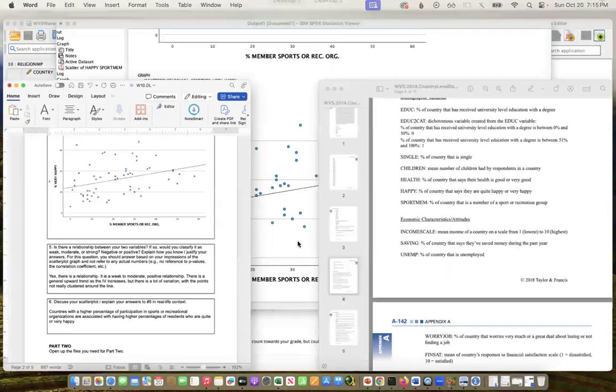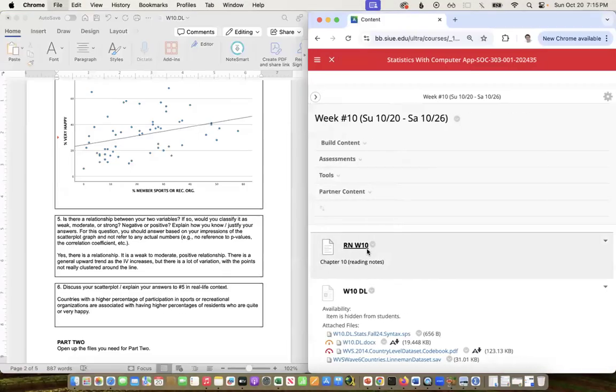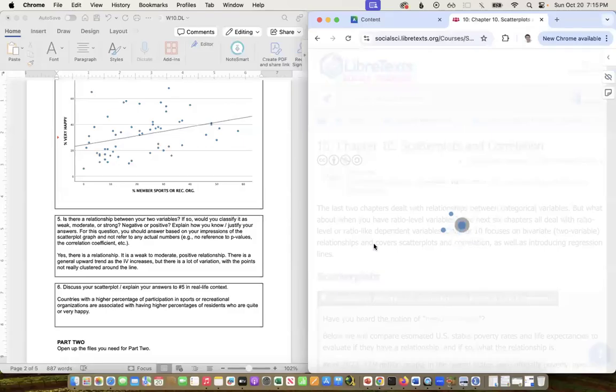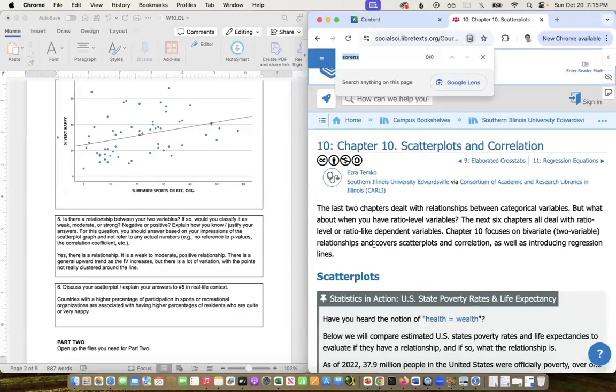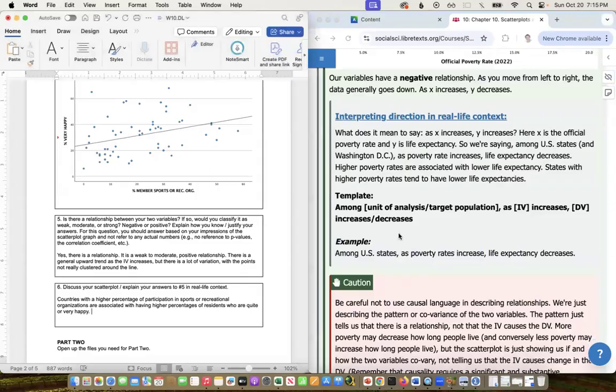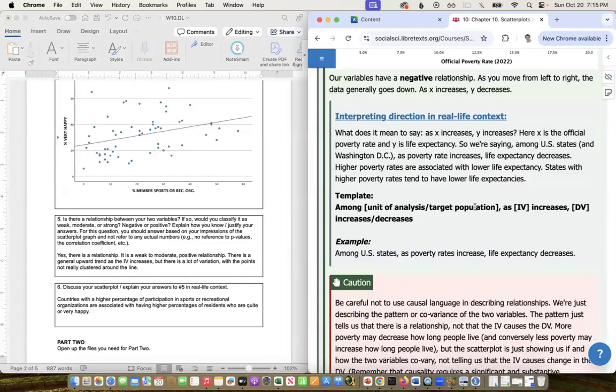We can actually, why don't we use our templates for this? So that one I was doing the direction. So, right, as this increases, that one increases.